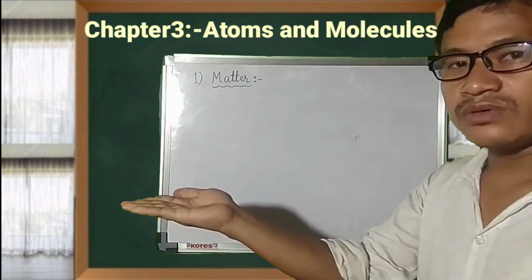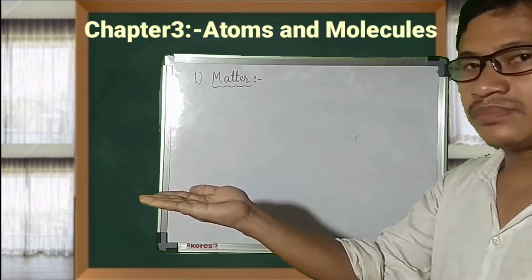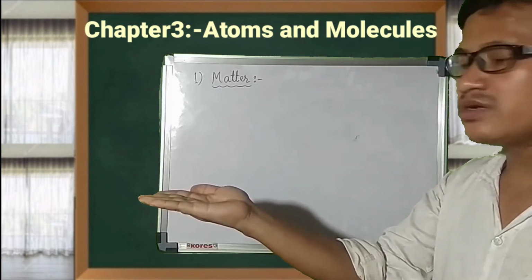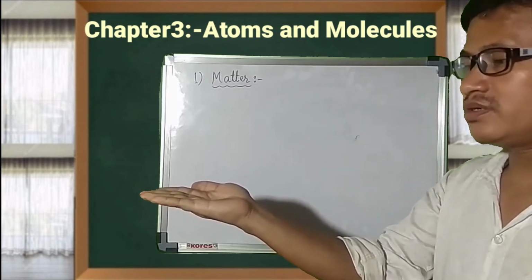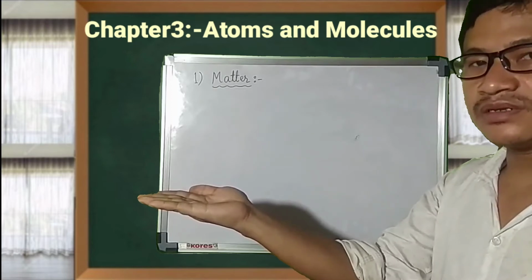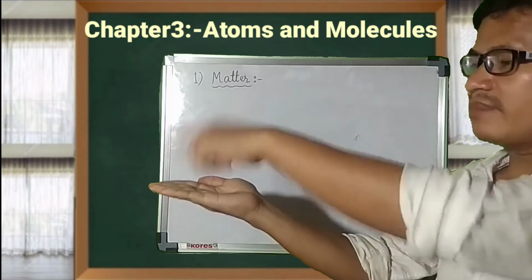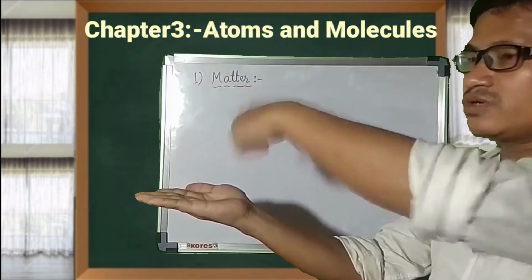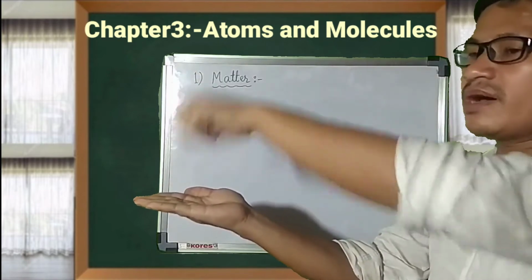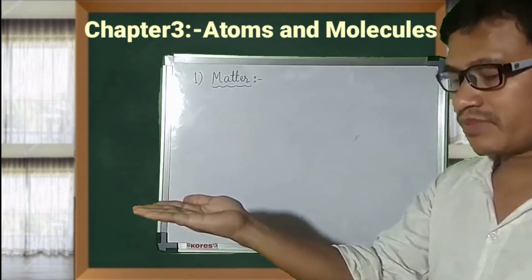So what am I showing you? This is my palm. Can you see anything over my palm? Nothing can be seen over my palm, I think. So this empty portion over my palm is called a space.